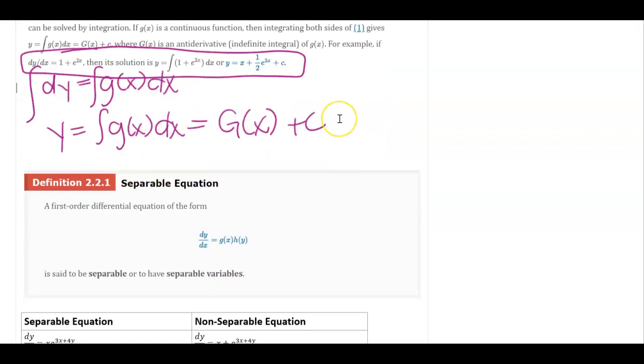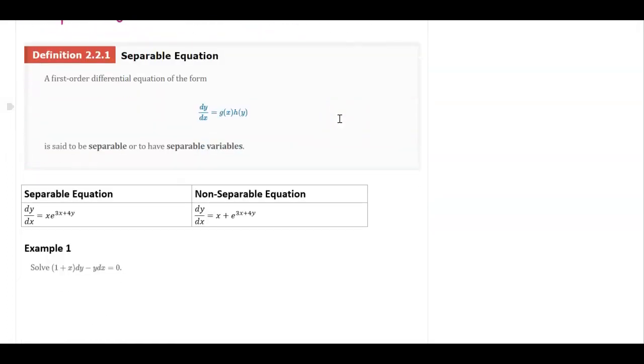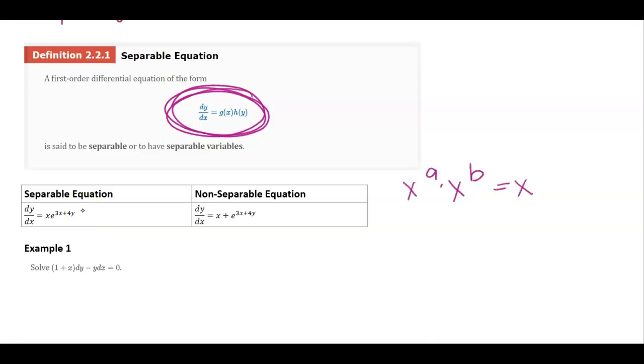All right, let's go ahead and look at if you have a function of both x and y. Now you can only have a separable equation if that function of x and y can be separated into a function of x only times a function of y only. Here are two examples. In this first one, there is an exponents rule that if you multiply like bases, you add exponents.